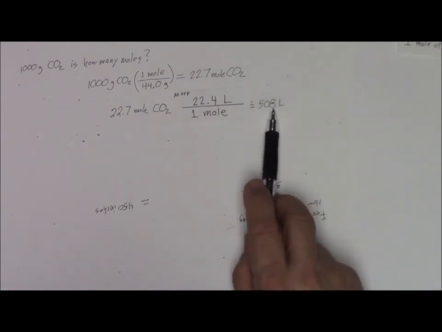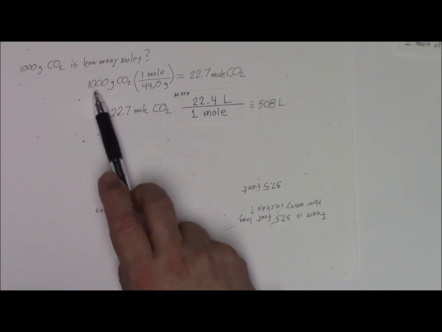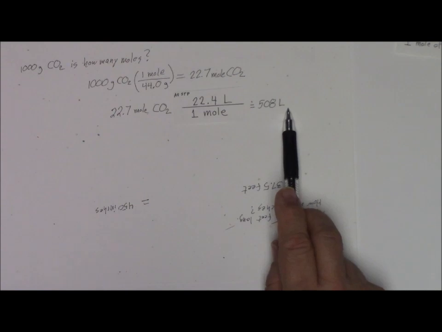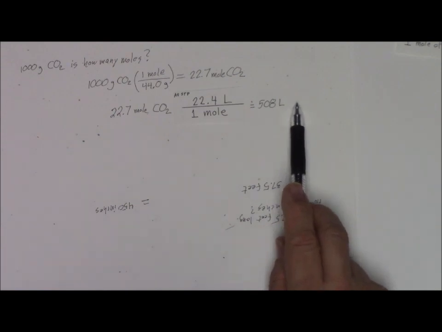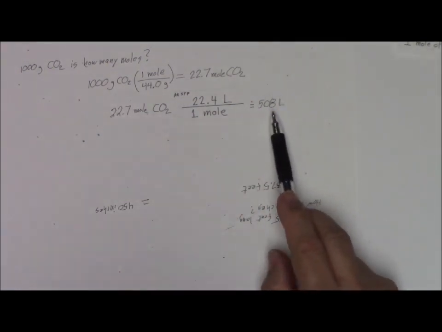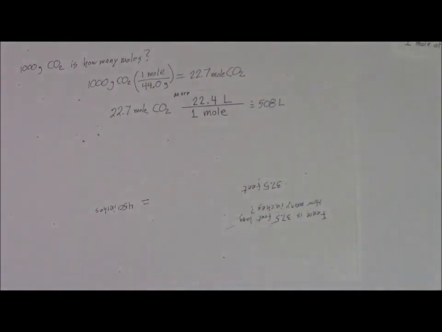And we can even go back further and say, if we have 1,000 grams of CO2, that will sublime to give us a volume of 508 liters of CO2 gas at 0 degrees C and 1 atmosphere. Neat. 1 little kilogram of CO2 can give us all that volume. So that's a look into how moles, liters, and grams all relate to each other in chemistry. I hope this helps.